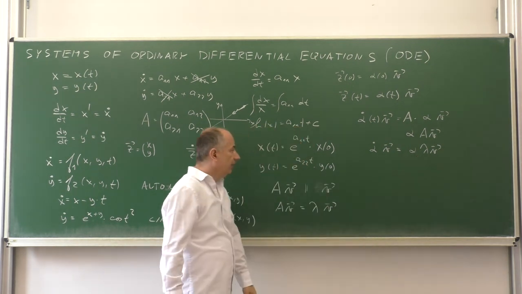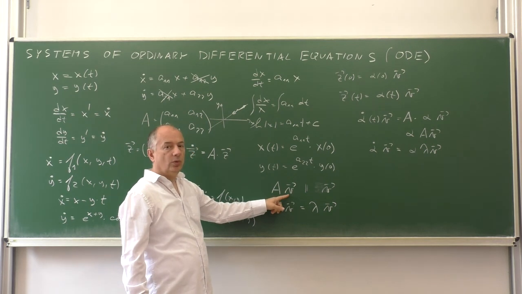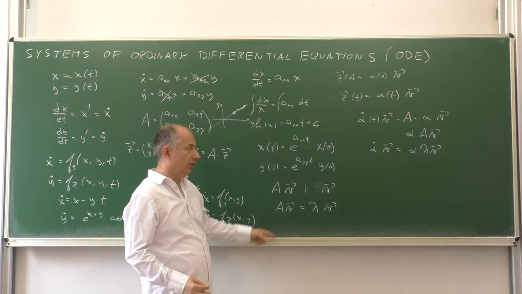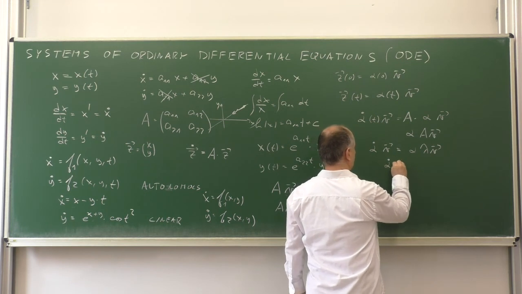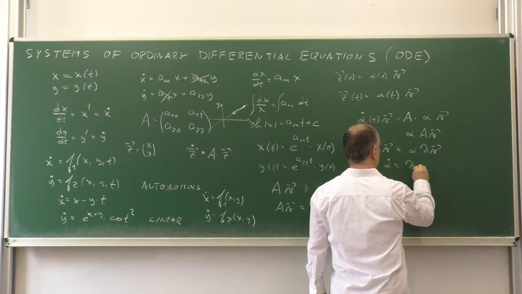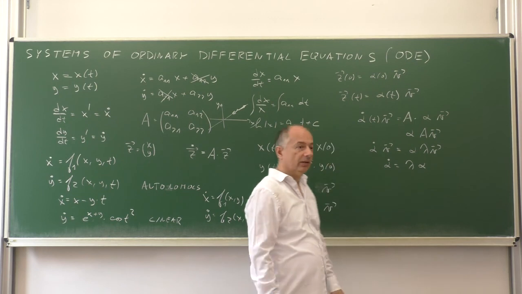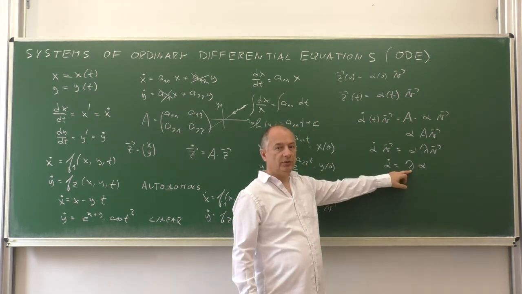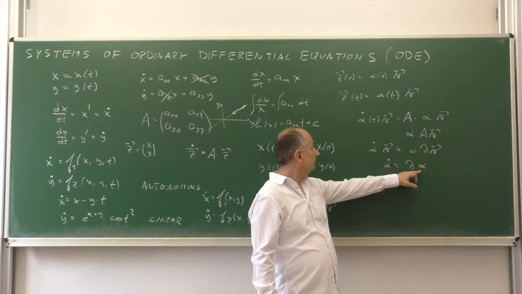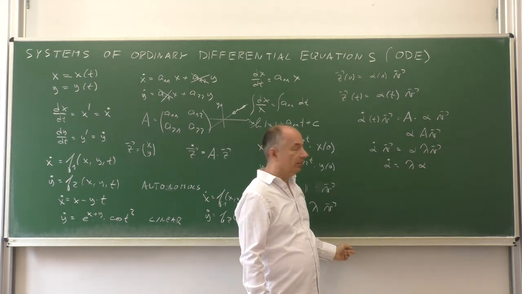And if v is the eigenvector, we assume it is non-zero. So this number, alpha derivative, must be equal to lambda times alpha. Lambda is a constant. This is the eigenvalue of the matrix. And alpha is some unknown function of time.